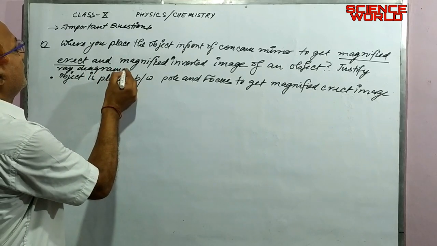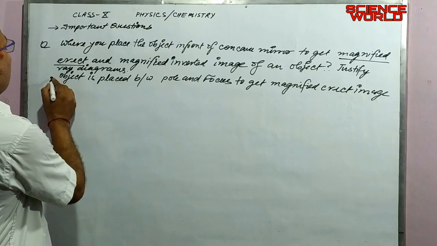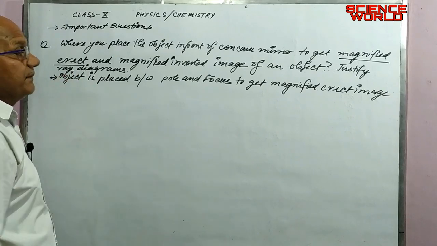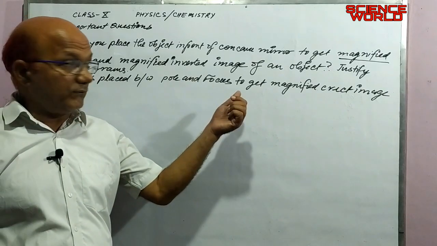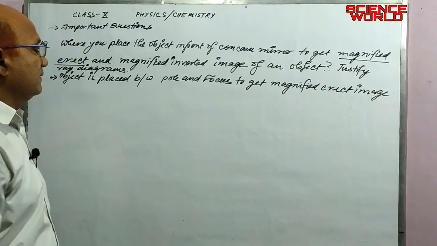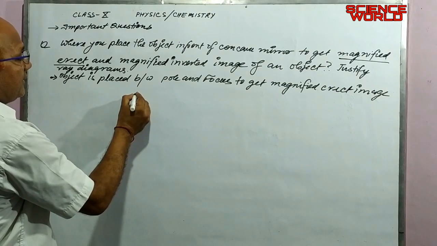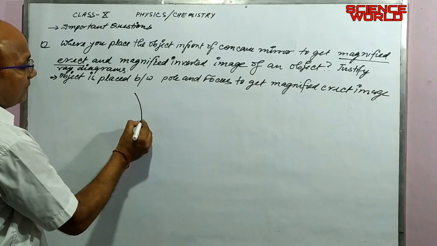So first condition is, when object is placed between pole and focus, we get magnified erect image of the object. So we can justify it with the help of ray diagram.